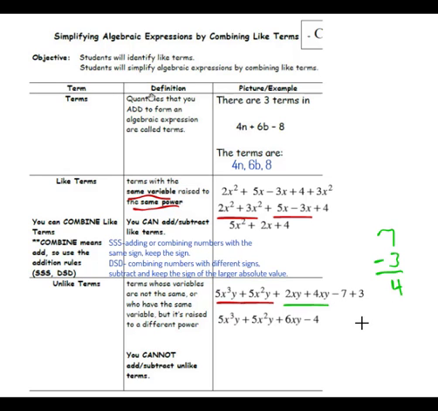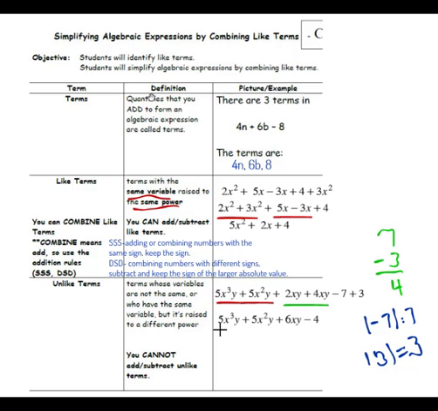The absolute value of -7 is 7. The absolute value of 3 is 3. So since 7 is the greater absolute value, we will keep the negative sign and it will be -4.